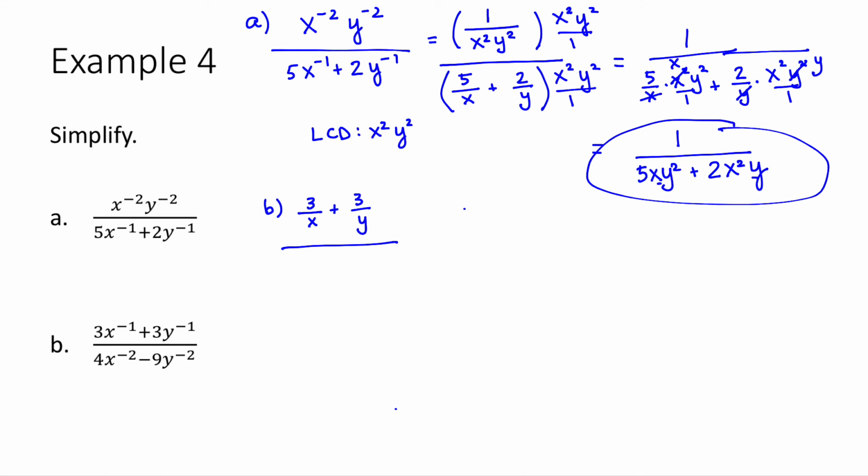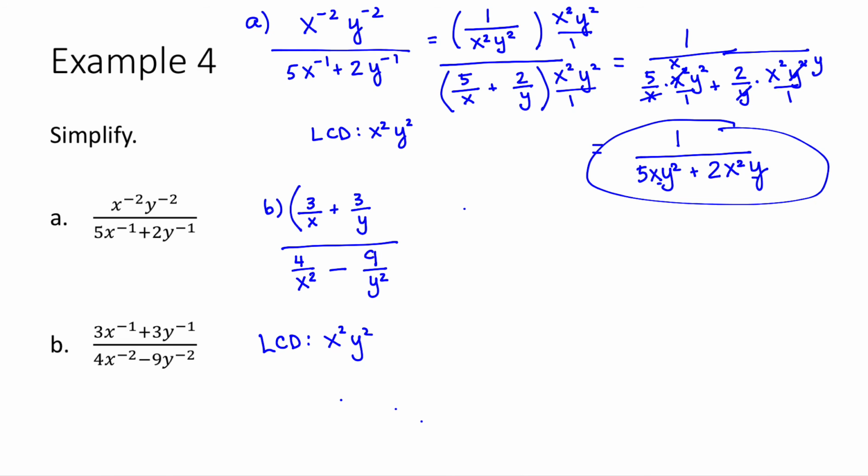And then that's all over 4x to the negative 2, which is 4 over x squared, minus 9y to the negative 2, or 9 over y squared. So let's see, what's the LCD? Again, it's x squared y squared.